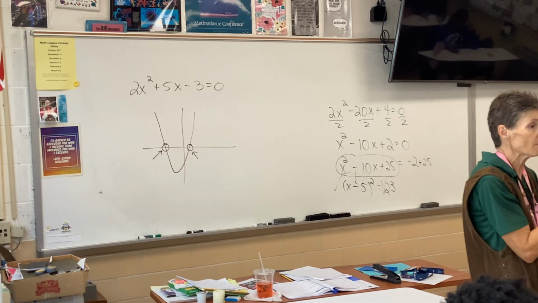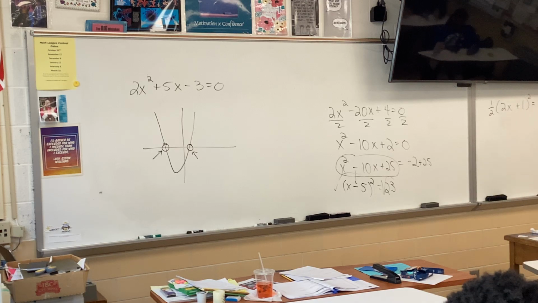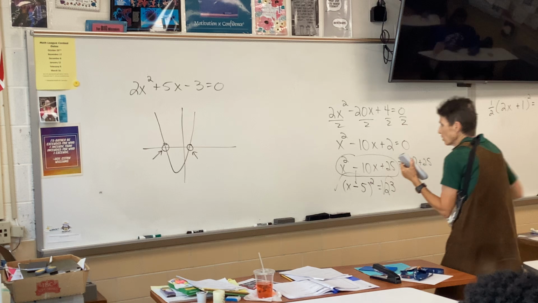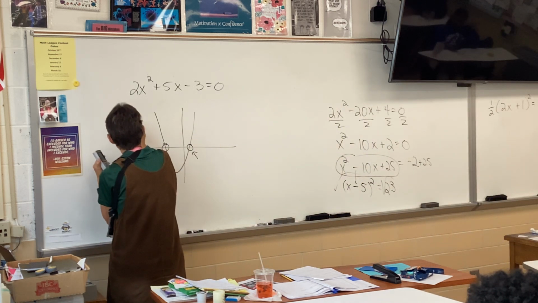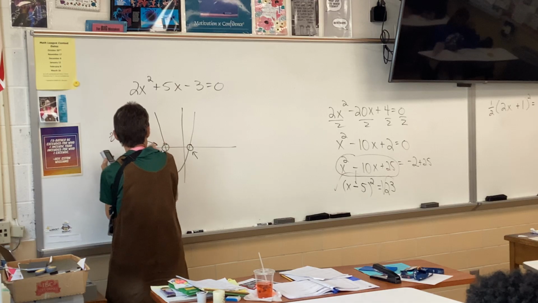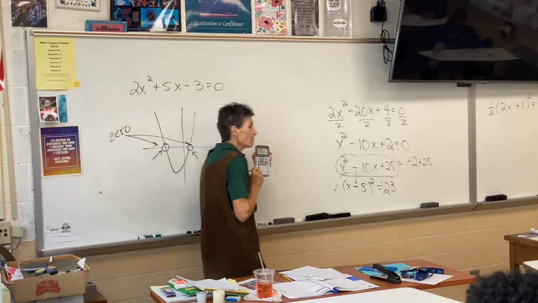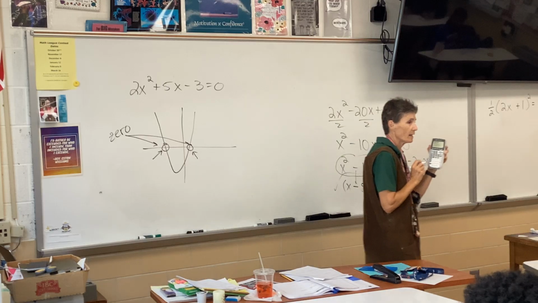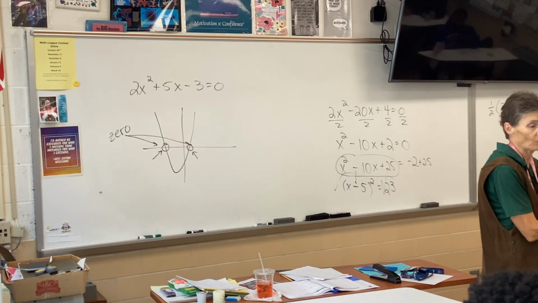Now we have options. We want option 2. These are called zeros. So we are finding the zeros, okay? So we picked option 2 and pressed enter.